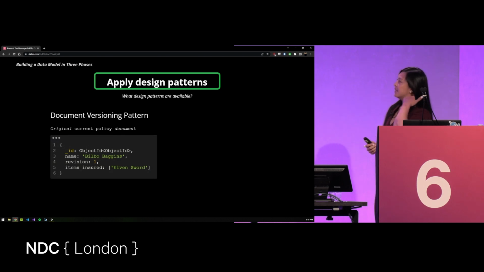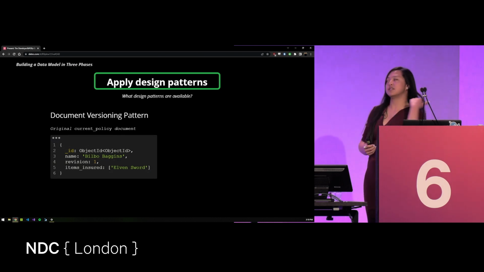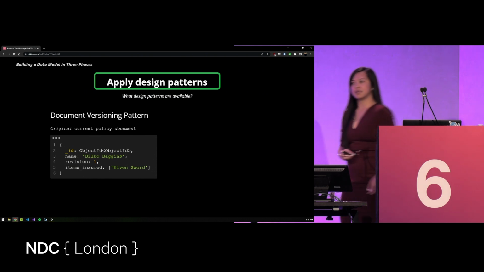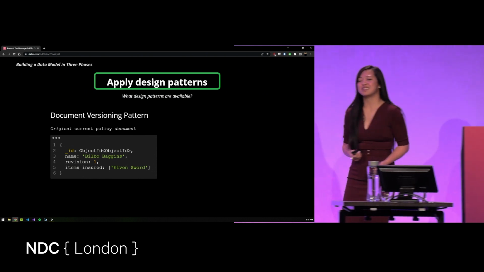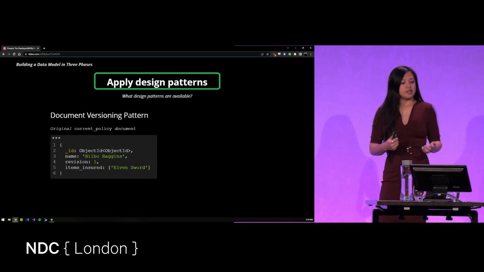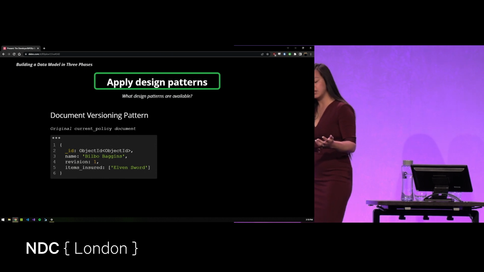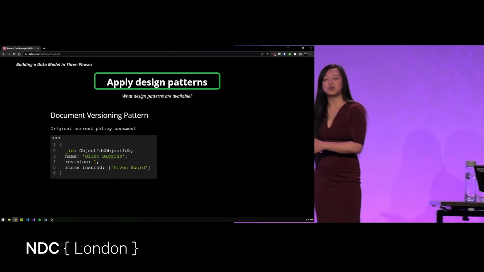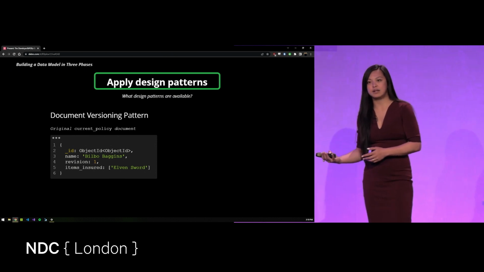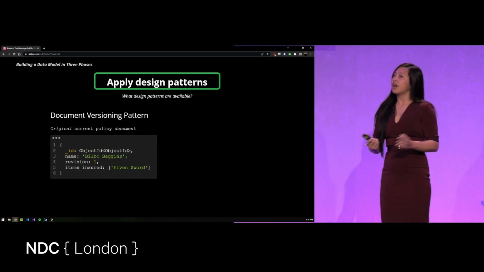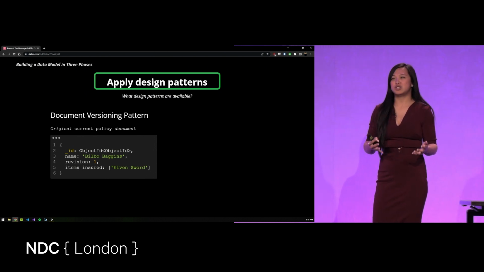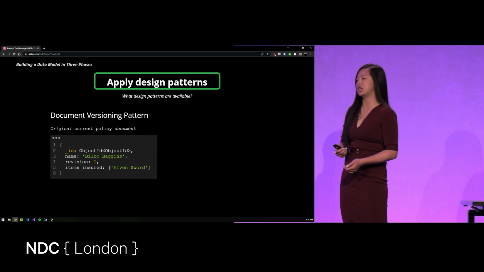Finally, there's something called the document versioning pattern, and this is very, very useful because it can be applied even to existing systems today. This is very useful when you need to have a current state of something, but you also need to keep a history of any revisions that have been made to your data. The other caveat to this is that usually those changes don't occur that often, but it's still important to keep track of those changes.